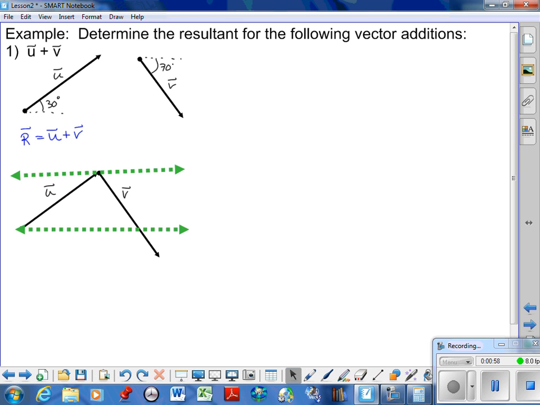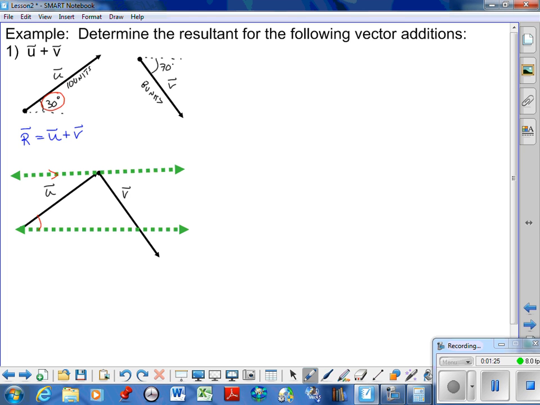All right, and as we move through here, we need to know some magnitudes. So I'm going to tell you that this vector is, let's go with 10 units. And we'll go with this one being 8 units. All right, so here we go. I have my horizontal lines. I know from my original diagram that it's 30 degrees with the horizontal.